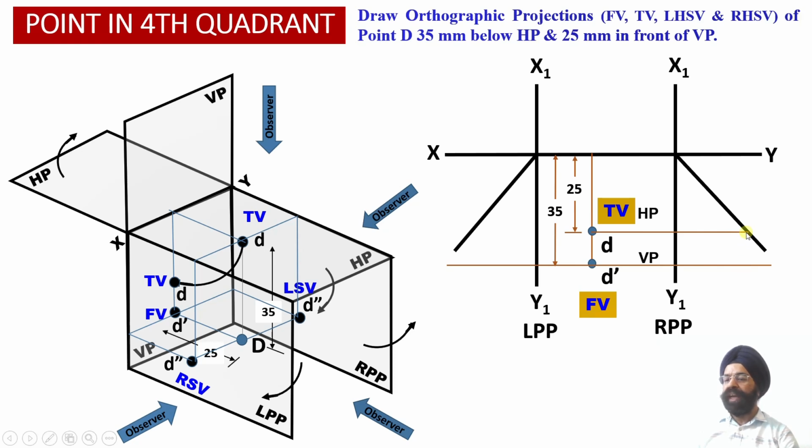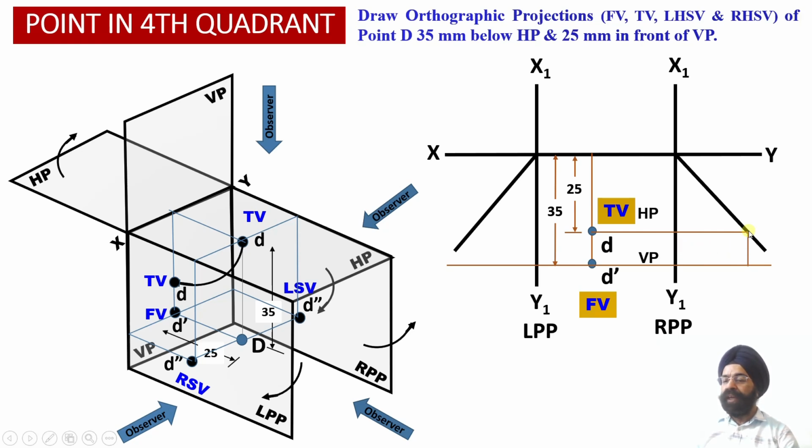Through this intersection point of the horizontal projector line obtained through point D with this transfer line, we are going to obtain a vertical projector line. So through this transformation we have been able to obtain a distance of 25 millimeter from the vertical plane into the right profile plane.